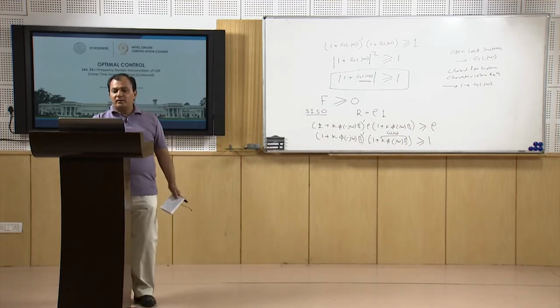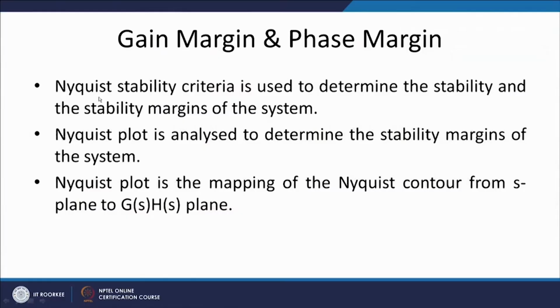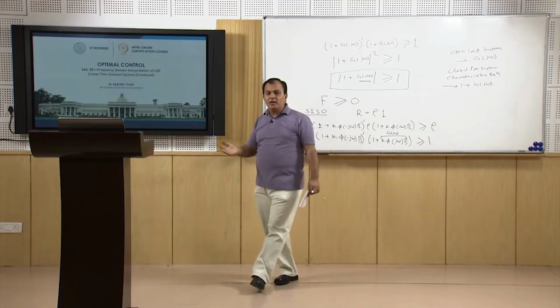The Nyquist stability criterion can be used to determine the stability and the stability margin of the system. The Nyquist plot is analyzed to determine the stability margin. And what is the Nyquist plot? It is nothing but the mapping of the Nyquist contour to the G(jω) plane. To draw the Nyquist plot, we map the S plane into the G(jω) plane.